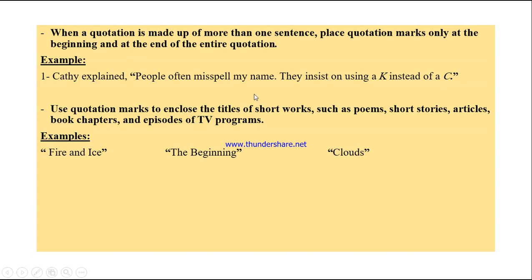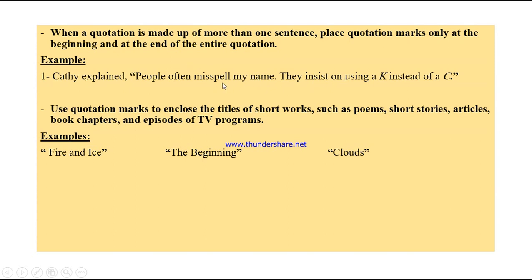Like this sentence. Kathy explained, "People often misspell my name. They insist on using a K instead of a C." Here, we have two sentences. Don't put this sentence, "People often misspell my name," between quotation marks, one at the beginning and one at the end. No. You have two sentences said by the same person.